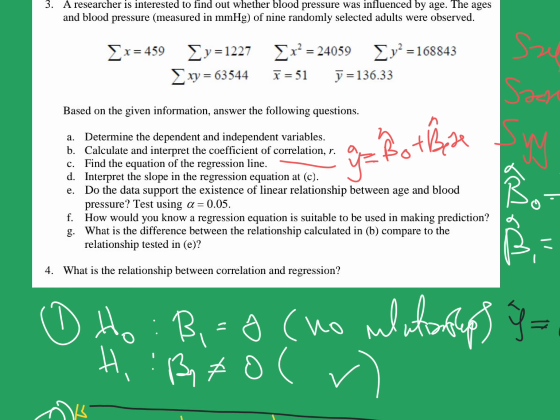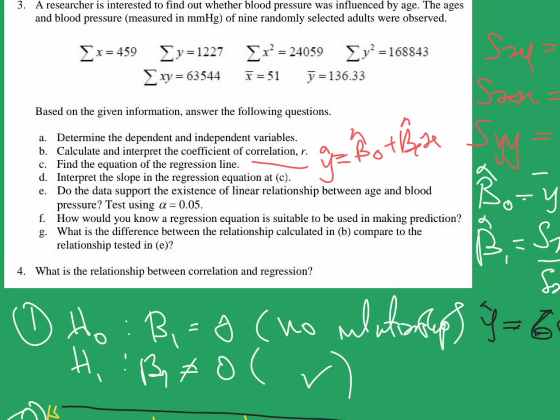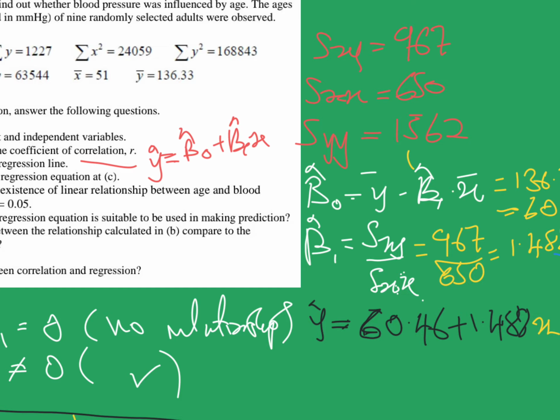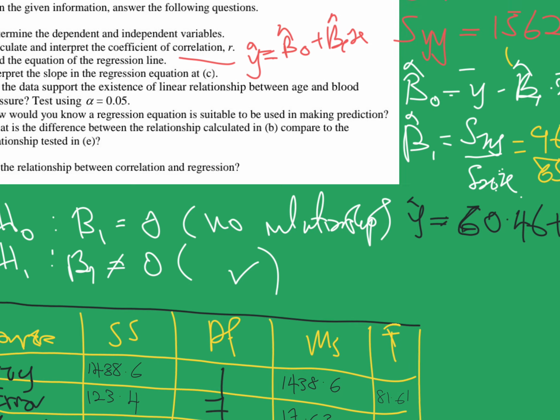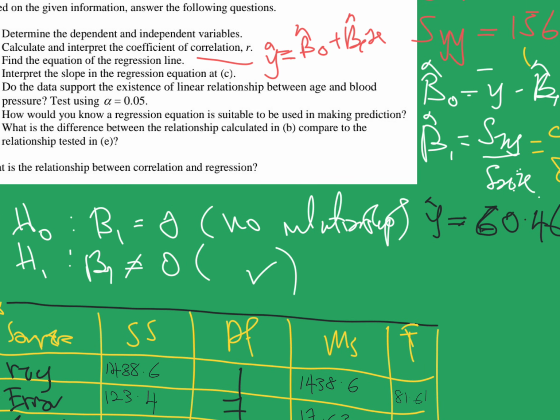So we know that the equation that we generate, the equation that we calculate, is suitable in making a prediction when we see the value of r squared is close to 1, right? Is actually high. So for this case, what is the value of r squared?